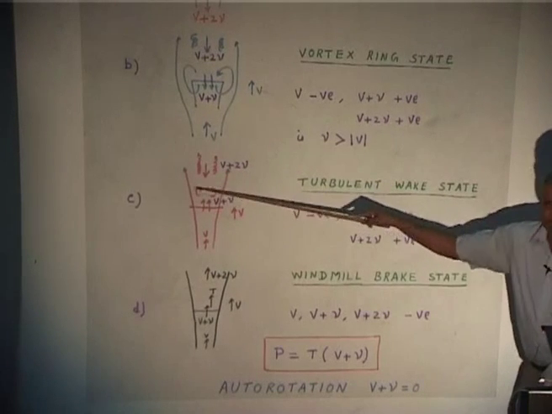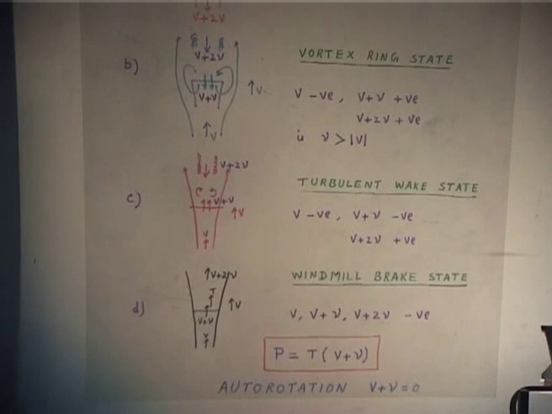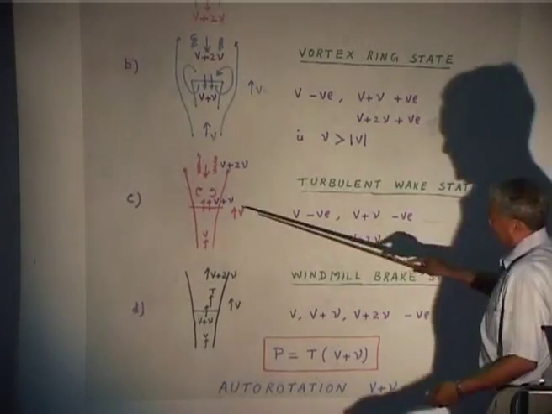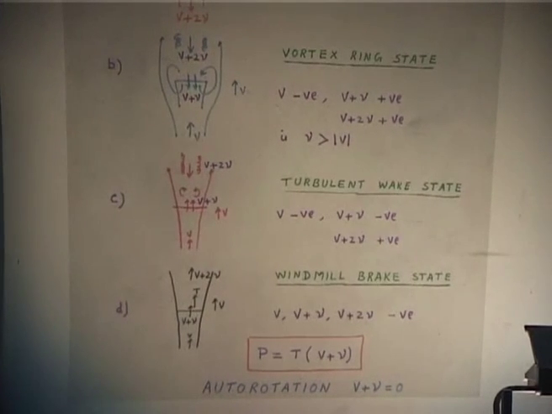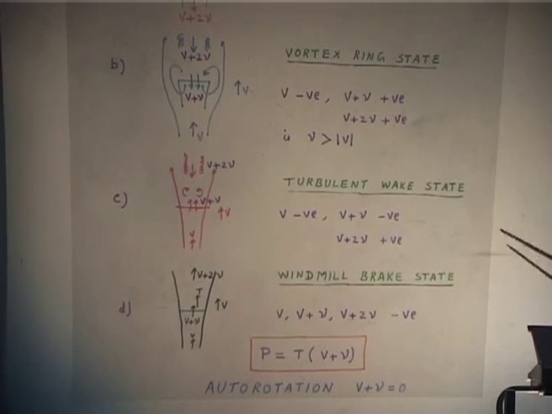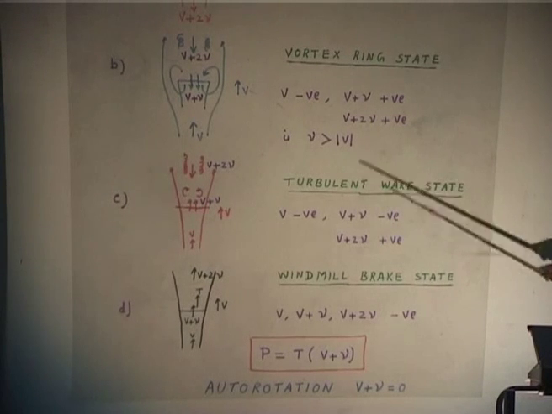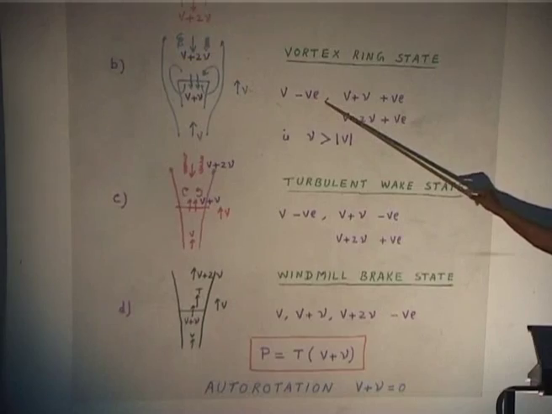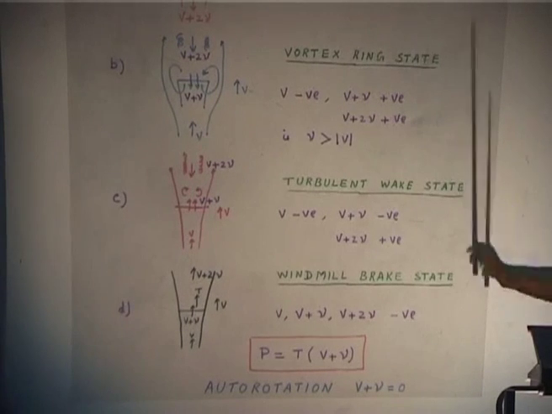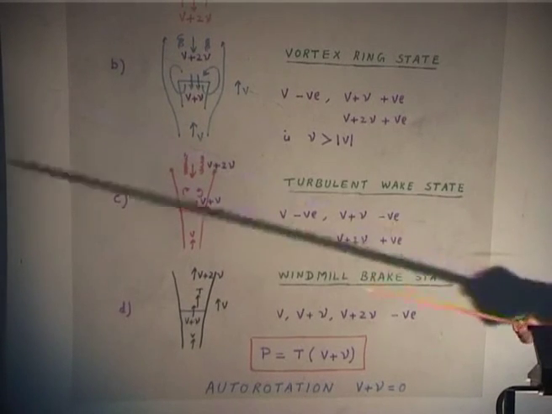You will have circulation in the wake, wake means above the rotor, and that is called turbulent wake state. The vibration will not be as high as in this state. Here you will have a lot of vibration. Okay. Low frequency vibration, you will see the whole thing shaking.